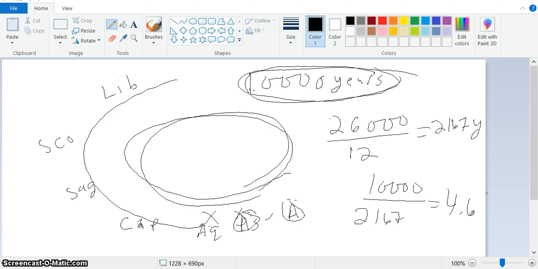Okay, so if we assume that it's in Aquarius, then we basically take 4 steps, right? So it'll be in Capricorn, then Sagittarius, then Scorpio, right? So we've taken 3 steps, and then the fourth step puts us in Libra.